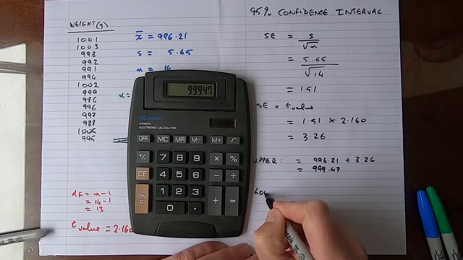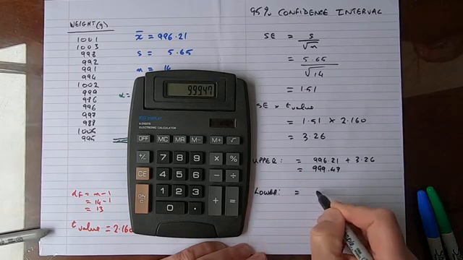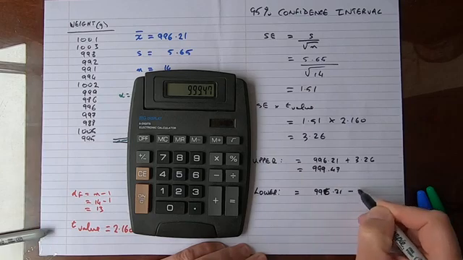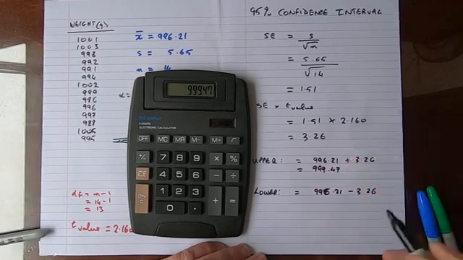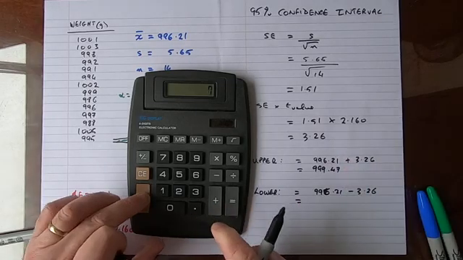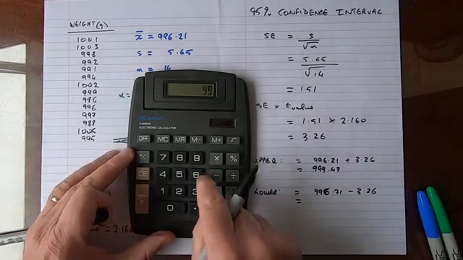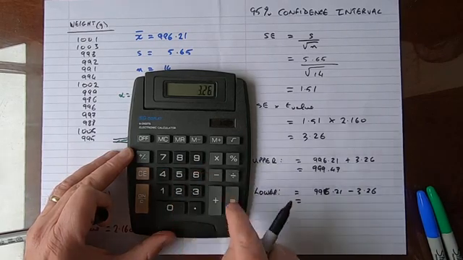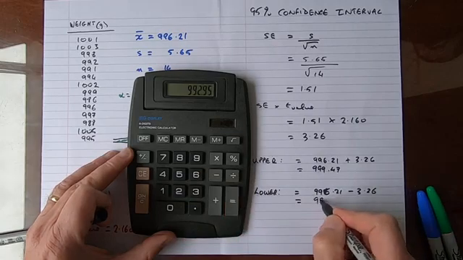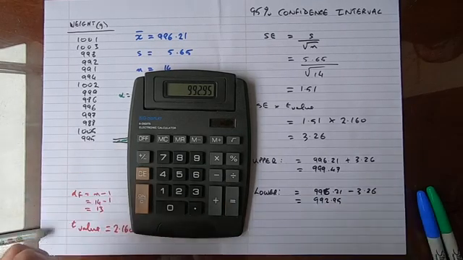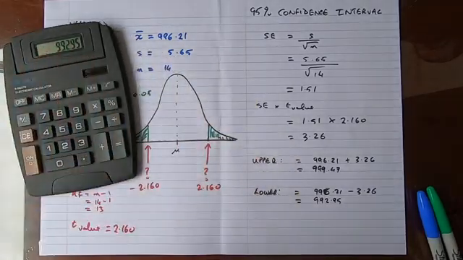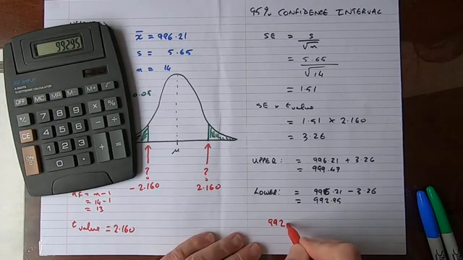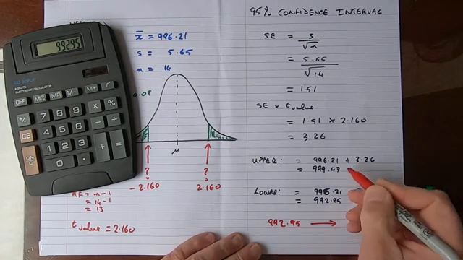And my lower limit for the confidence interval is equal to the same mean value again, 996.21 minus 3.26, the same value we worked out up here. And that is equal to, let me work that out, 996.21 minus this time 3.26, which is equal to 992.95. So my confidence interval then for the mean is, my lower limit is 992.95 up to my upper limit here, 999.47.